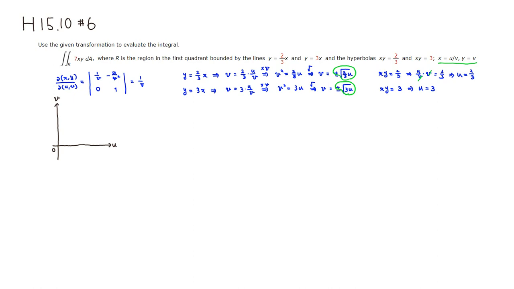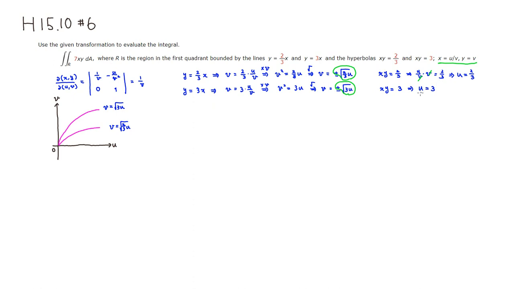It's probably going to look kind of like this. Then the square root of 3u is a little bit bigger, so it's probably going to look something like that. Let me label these: this is v equals the square root of 2/3 u, and this is v equals the square root of 3u.